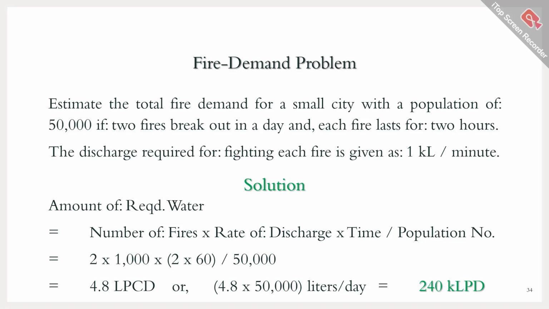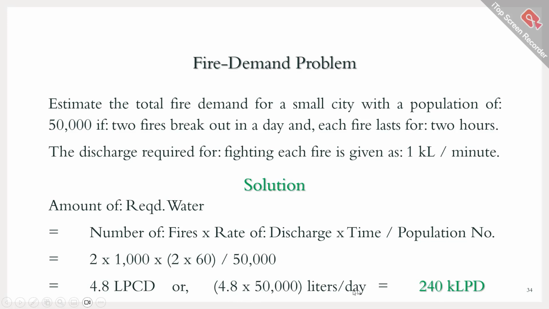That means 24,000 divided by 50,000, right? That means 24 by 50, or 48 by 100. Sorry, 480 by 100. Yes, so it gives you 4.8 LPCD.